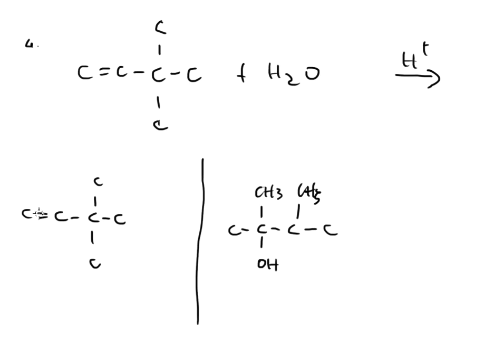So the double bond's the target. 2 sides of attachment open up, one here, one there. Hydrogen plays with other hydrogens. That's Markovnikov's rule. Hydrogen will go here. And then what we have left over is the OH group. All right, well, if I take a look, that forms a secondary carbocation.